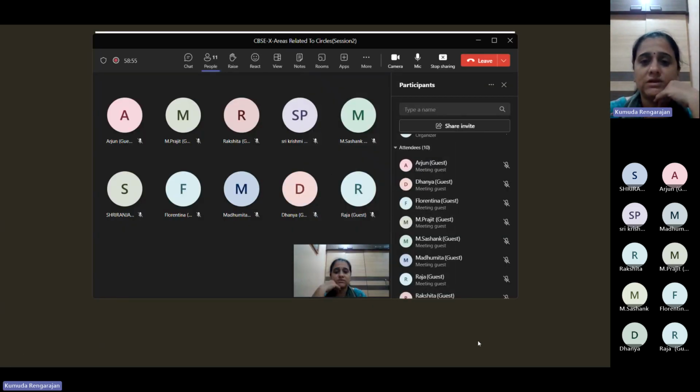Now this exercise is deleted from the syllabus. Sashank and Madhumita, you have learned this chapter at school, so you can just tell us something. If you have the old NCERT textbook, then you will find this exercise. Has this been done in school?